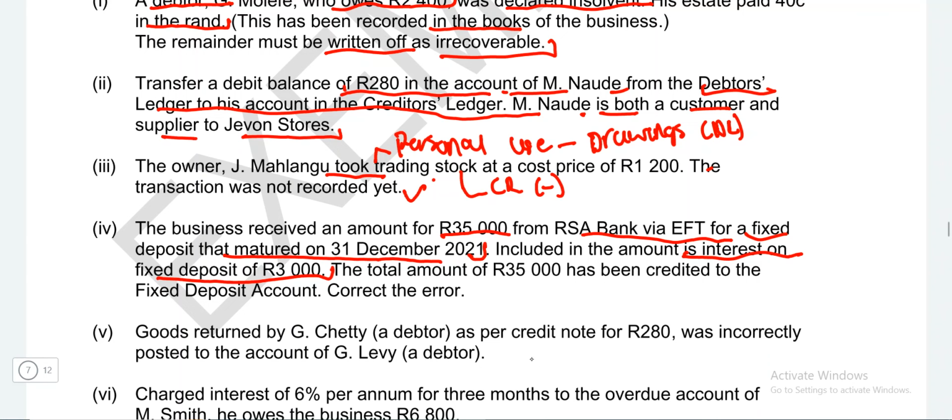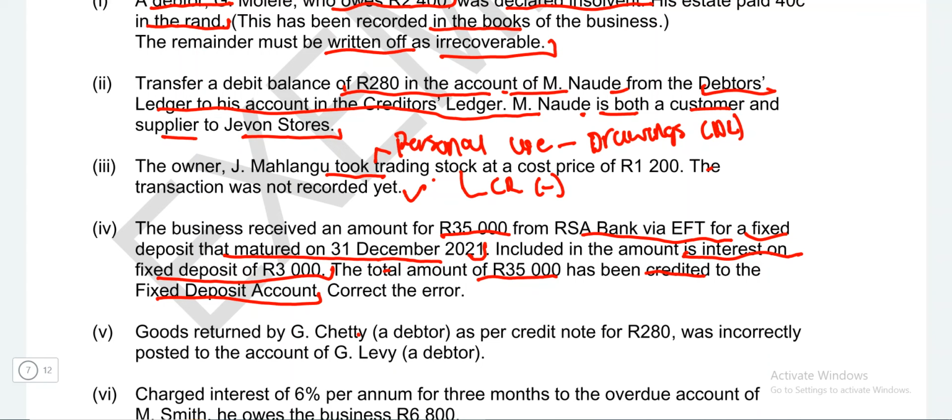Very important. Now here's where the problem comes. The total amount of 35,000 has been credited to the fixed deposit account. Remember, the actual fixed deposit that we made is around 32,000. The interest that we have earned is 3,000.